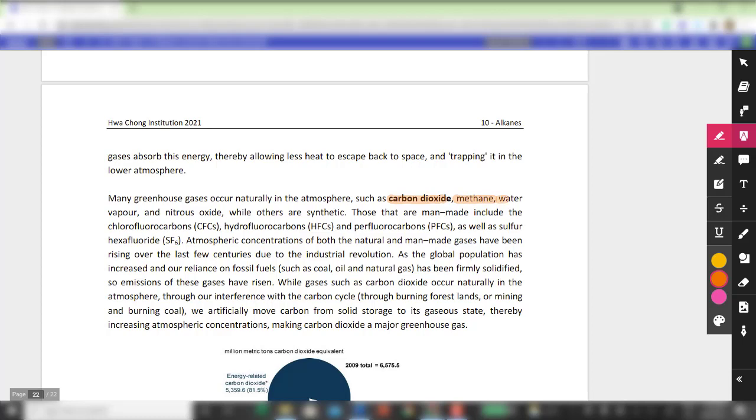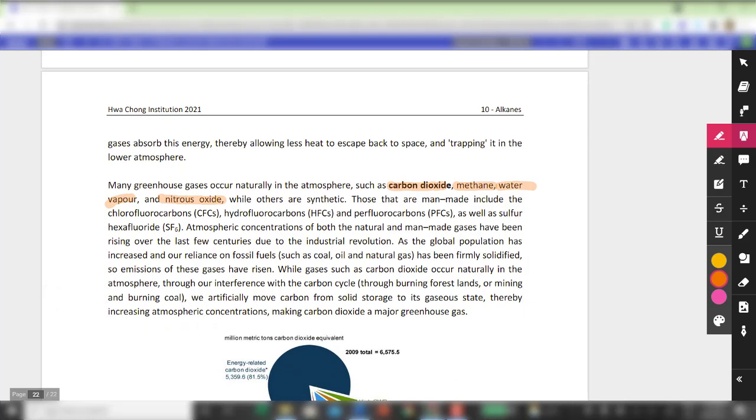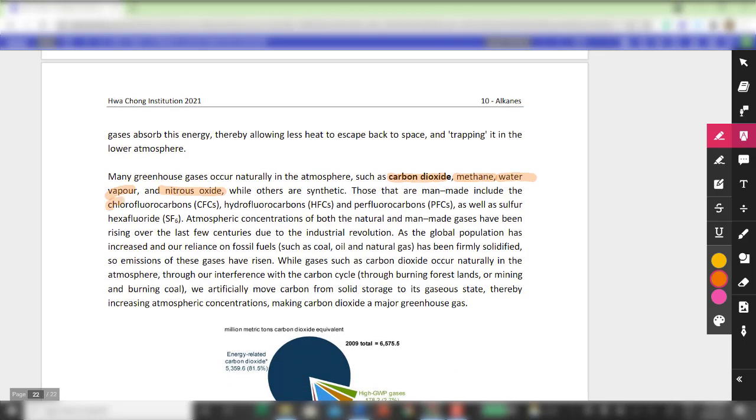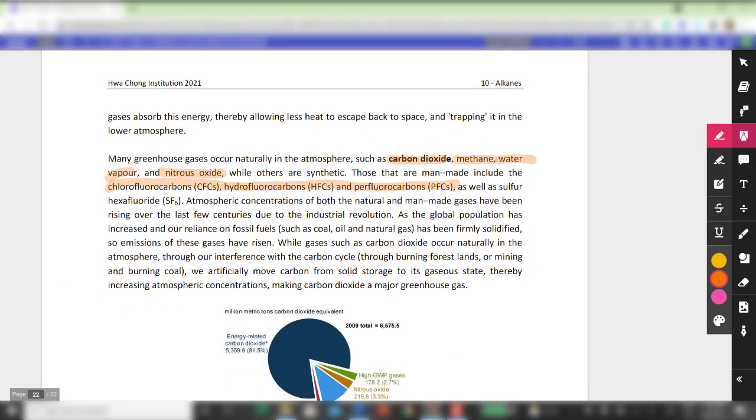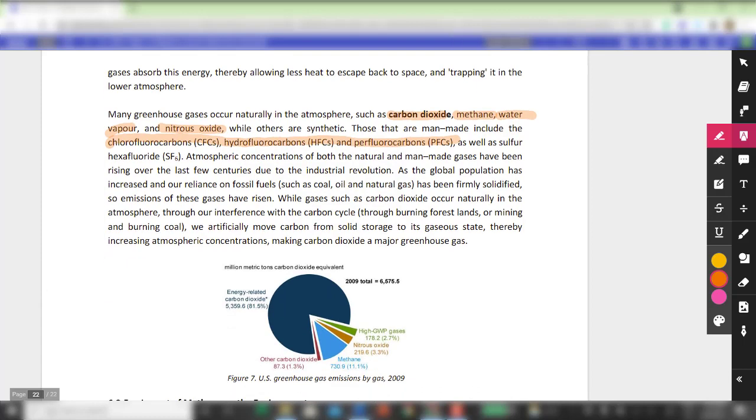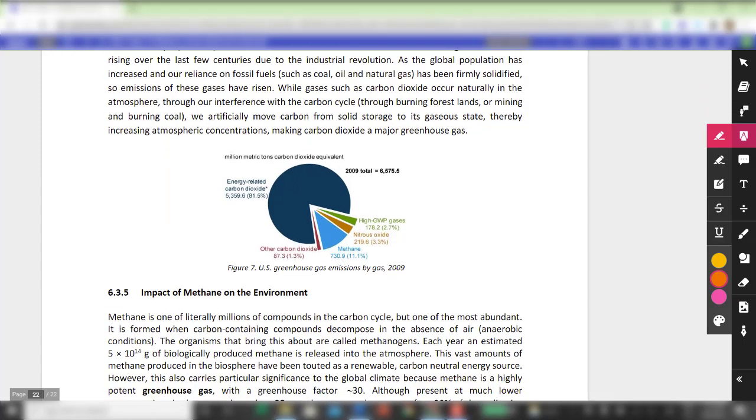We may not know that water vapor is a greenhouse gas, in fact, and nitrous oxides. The man-made ones include CFCs. CFCs also deplete the ozone layer because some form of free radical reaction happens in the stratosphere. So that's something that you need to be aware of as well.